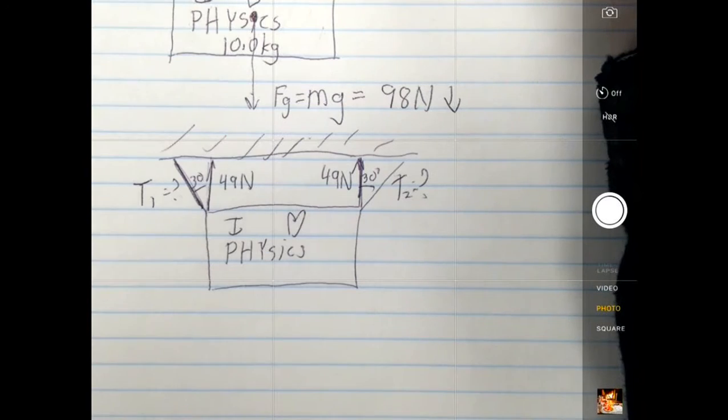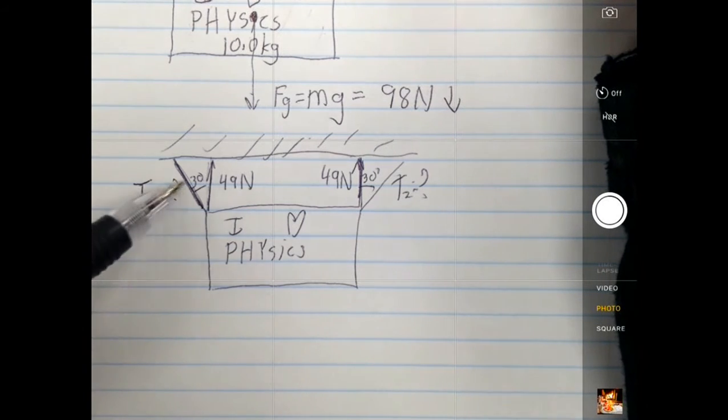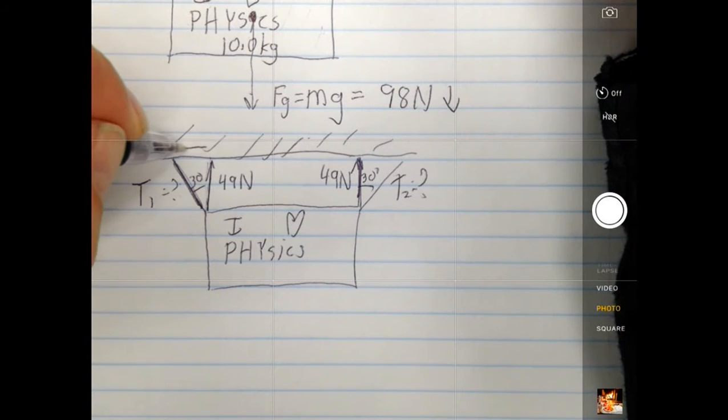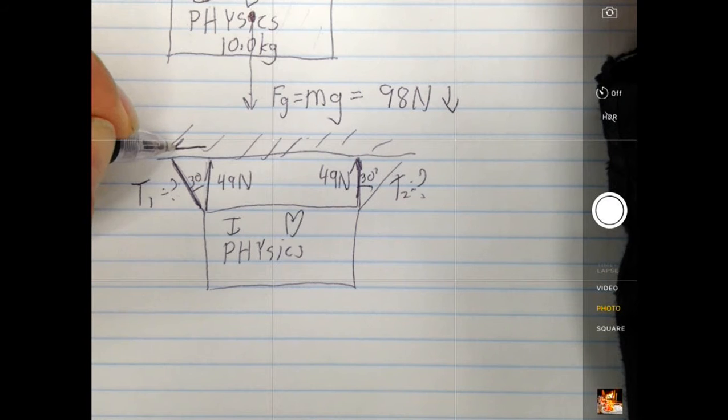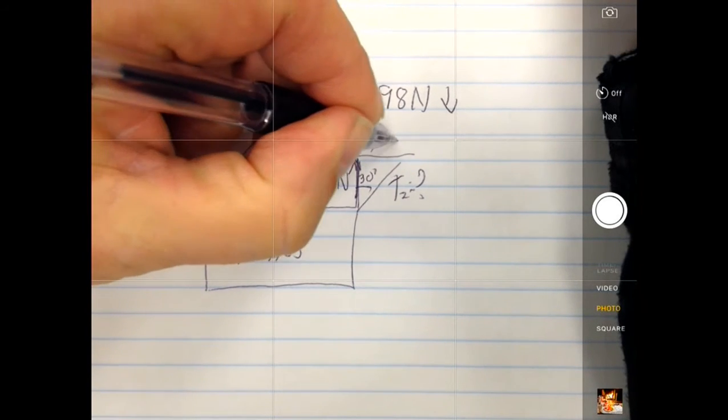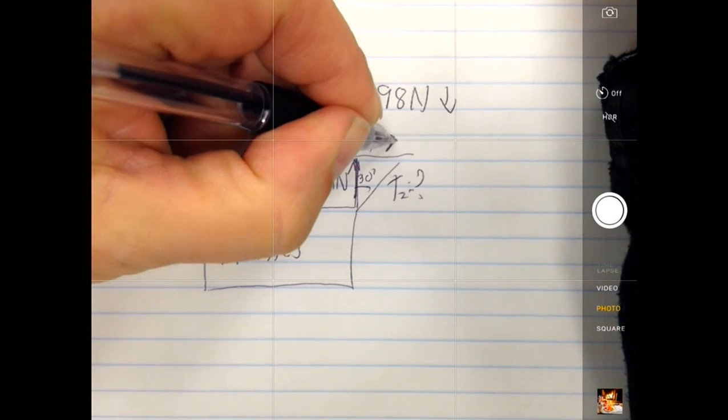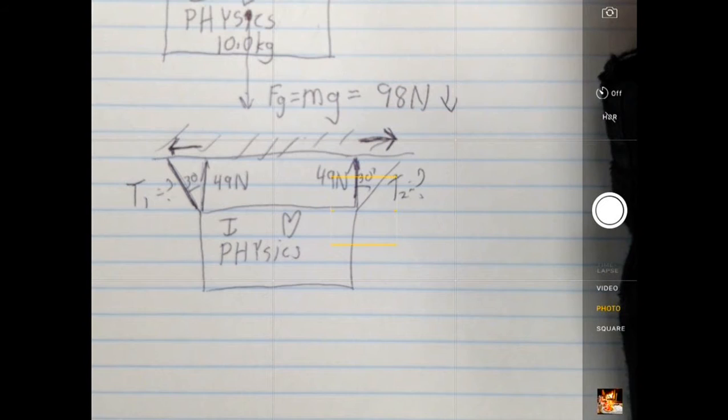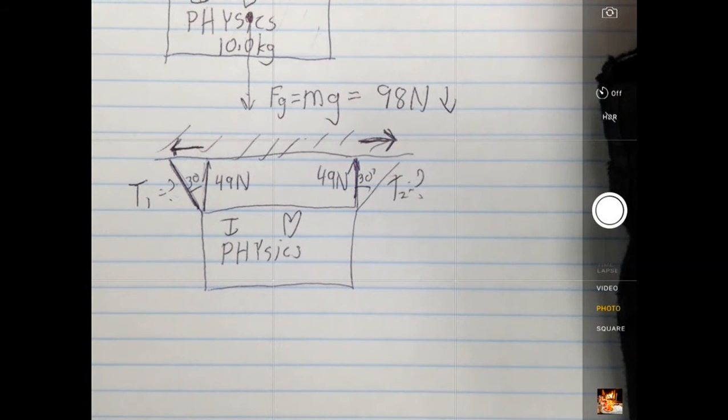But in addition to holding up the sign, now each of these two ropes are in a tug of war with each other. The one on the left is trying to pull the sign to the left. The one on the right is trying to pull the sign to the right, and they exactly cancel each other out.